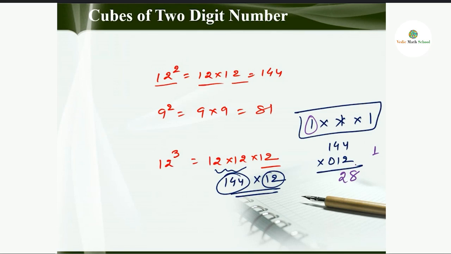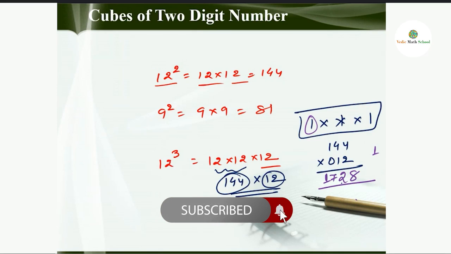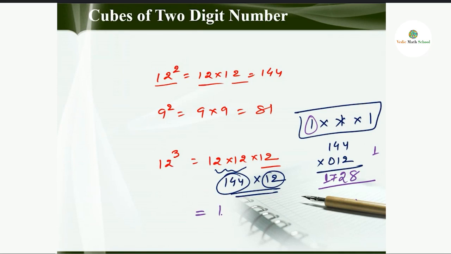Then 2 times 1, 0 times 2, 4, and then 4 times 1 is 4, so 4 plus 1 is 5, and so on. Then 0 times 1 is 0. What is the answer? 1728.